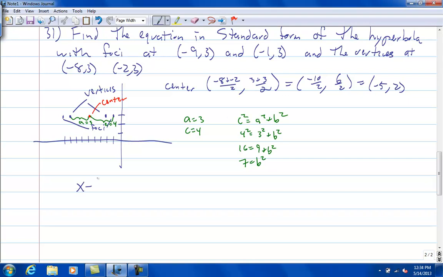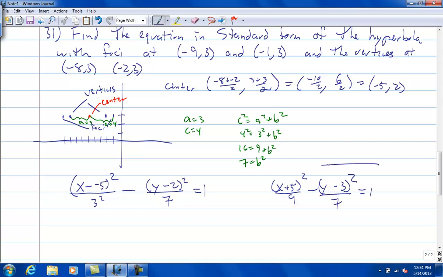This is going to be x minus negative 5 squared over our A, which is 3 squared, minus, because it's a hyperbola, y minus 3 squared over our B squared, which is 7, equals 1. So the answer is x plus 5 squared over 9 minus y minus 3 squared over 7 equals 1.